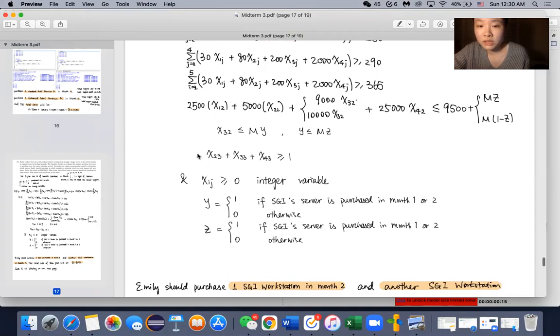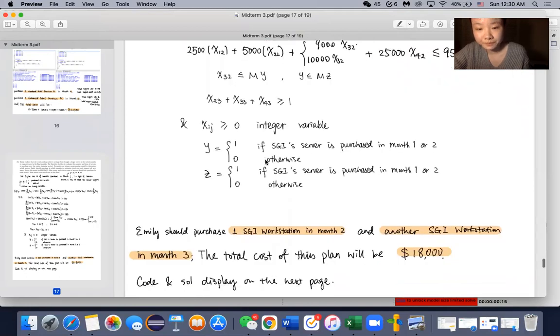And this means that the manufacturing department needs at least one of the more powerful servers.